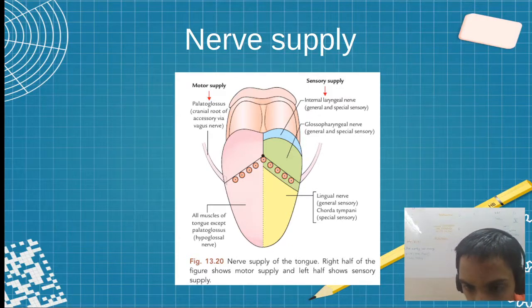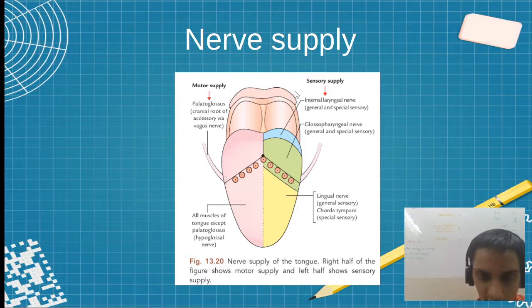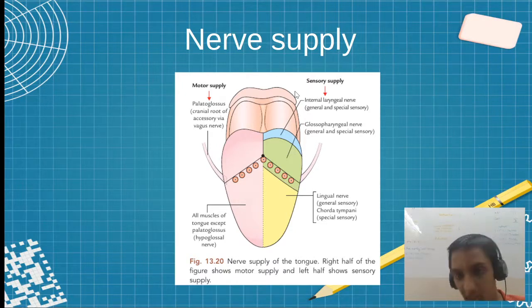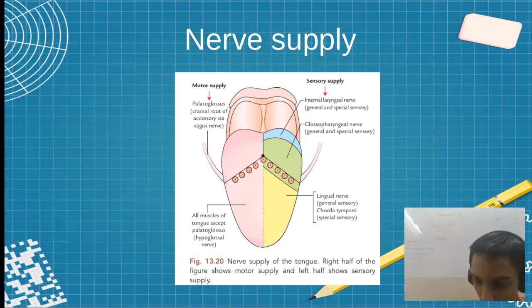From 8th, two special branches, lingual and chorda tympani. This was for taste sensation. And glossopharyngeal and vagus. What branch of vagus? Internal laryngeal. Please remember, in the taste pathway, from that nucleus tractus solitarius, if you know those three nerves, that is sufficient, that is sensory supply.